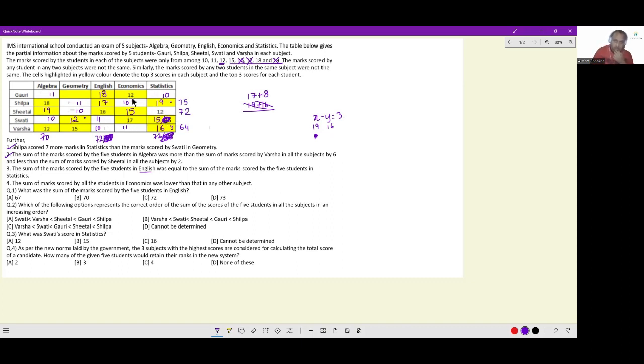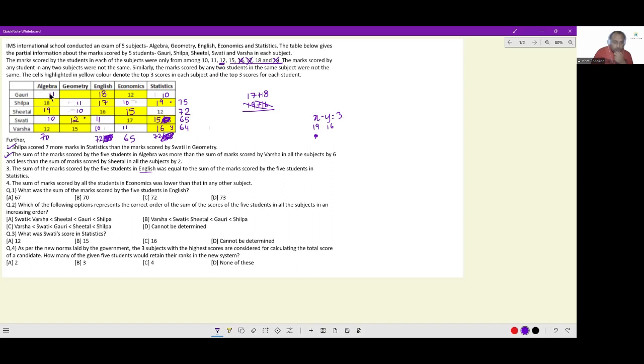And economics column I'm looking at 12 plus 10 is 22, 22 plus 15 is 37, 37 plus 17 is 54, 54 plus 11 is 65. This is also done. Now Swati's row is also uniquely identified. 10, 11, 12, 33, 33 plus 17, 50, 50 plus 15, 65.